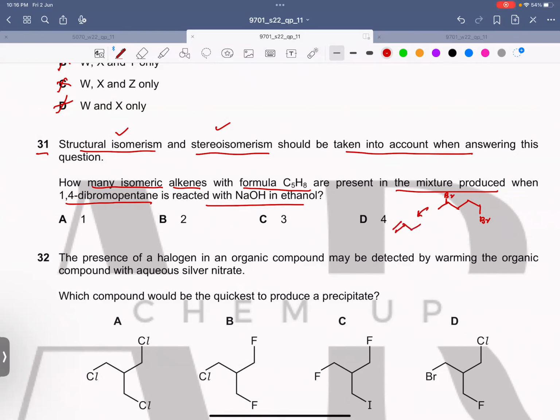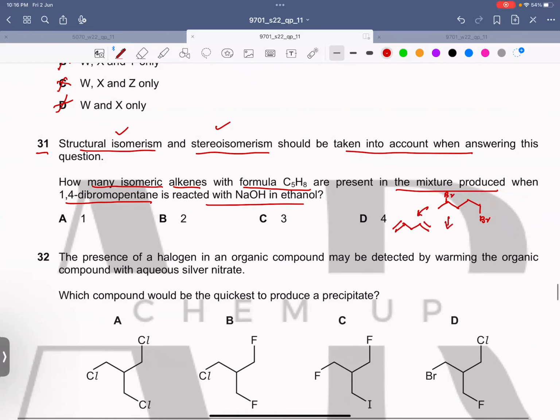One alkene can be formed with this formula. The other alkene can be formed with this formula. There is no other possibility from where the hydrogen can be released.